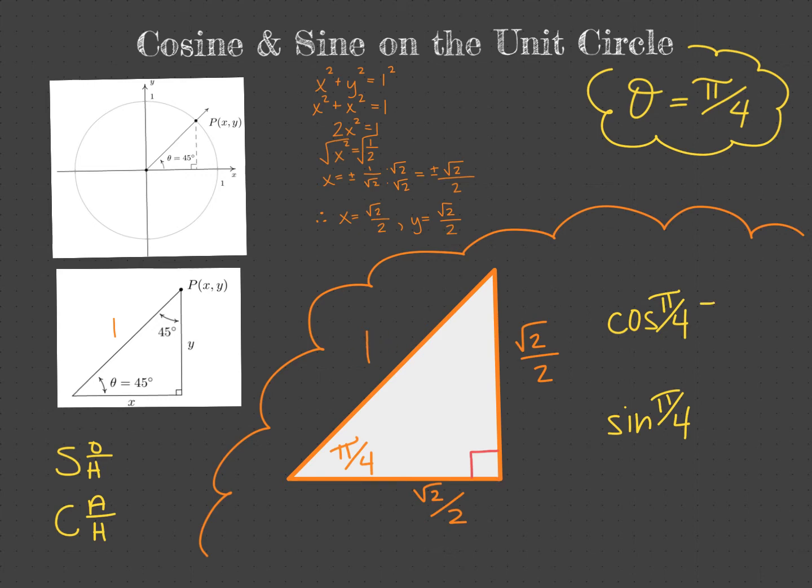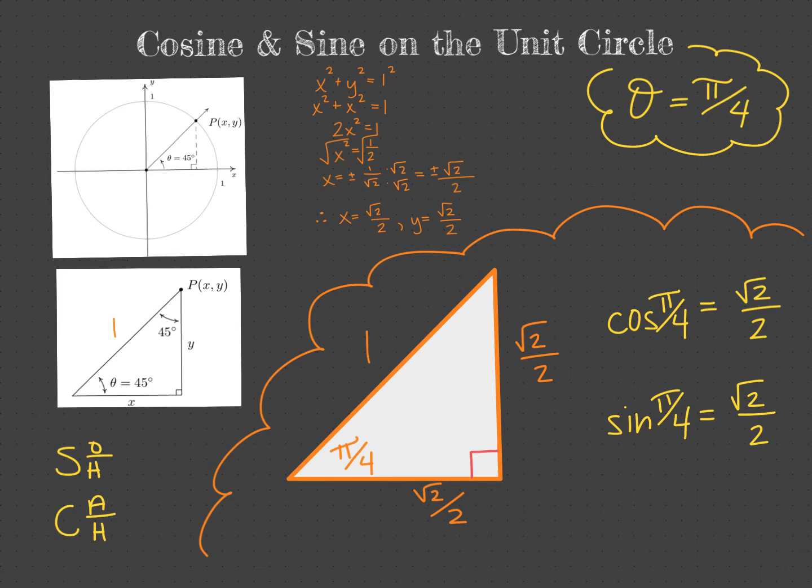Therefore, root 2 over 2 over 1 is just root 2 over 2. In order to find the sine of pi over 4, sine is opposite divided by hypotenuse. If we take this angle here, our opposite side is root 2 over 2. The hypotenuse is still 1, so putting anything over 1 doesn't change it. Our opposite side is root 2 over 2.